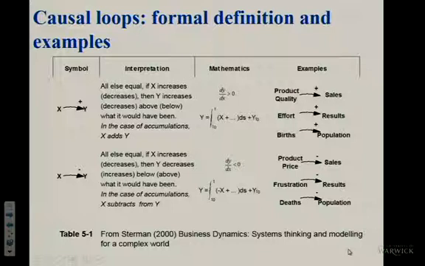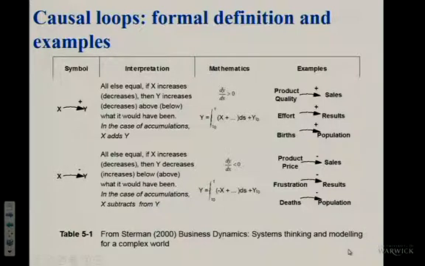So in this case, if we draw this graph, we have price here, and here is sales. We will have a line like this. At a very high price, we will have very low sales. At a low price, we will have higher sales.